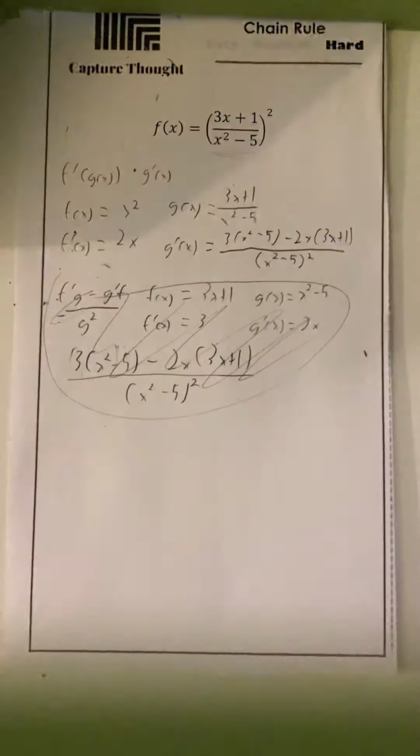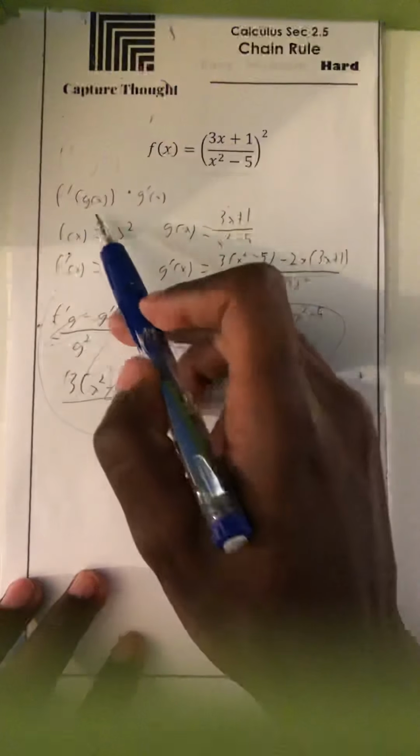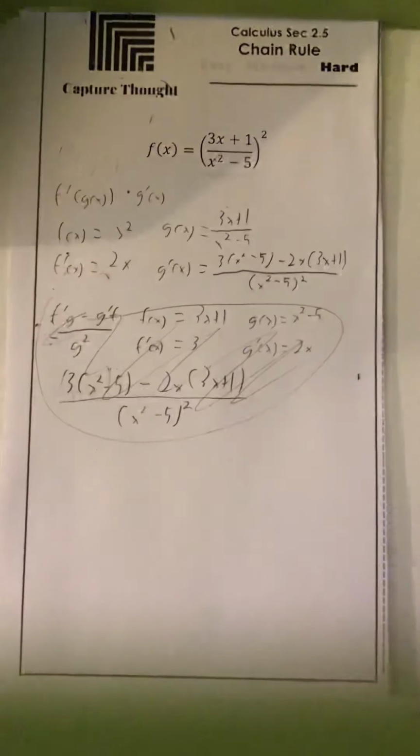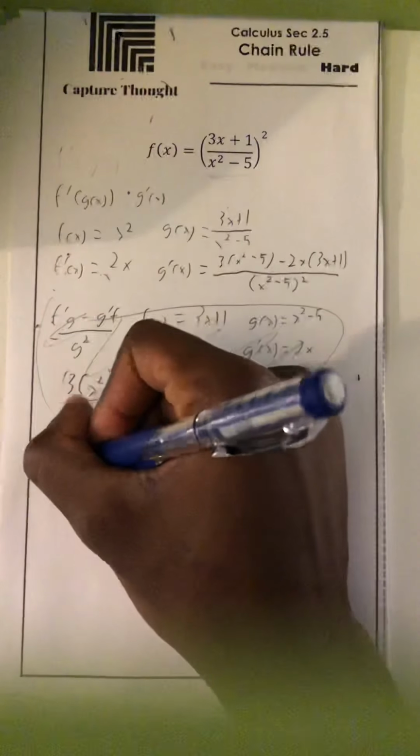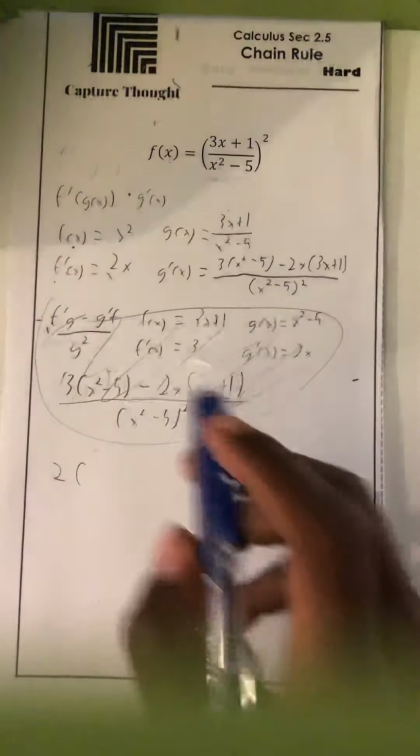So we're going to be using this formula right here, which is the chain rule formula, and plug all of these functions into this. So first we plug in the derivative of f of x, so it'd be 2, then inside of the x, you put in g of x.